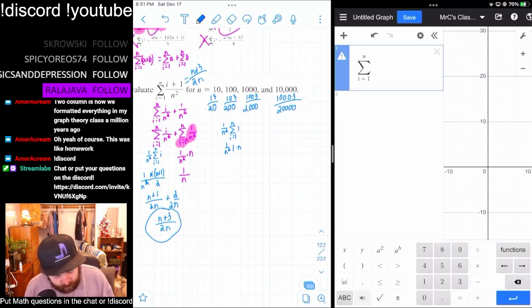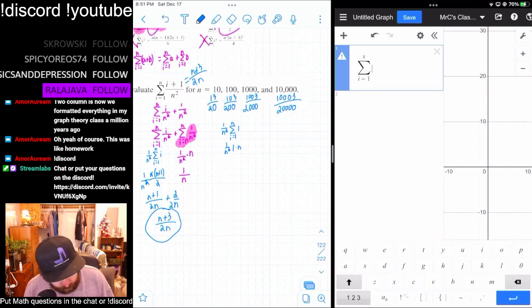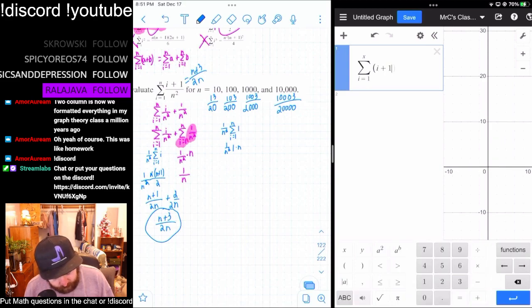Or you know what, I actually don't want to use an n, I want to use an x. Open parentheses i plus 1 close parentheses divided by x squared.